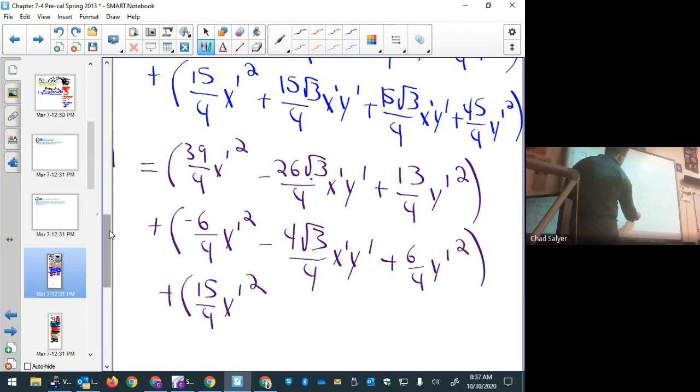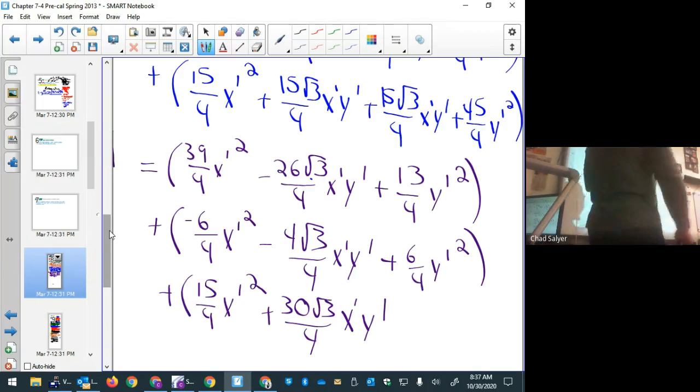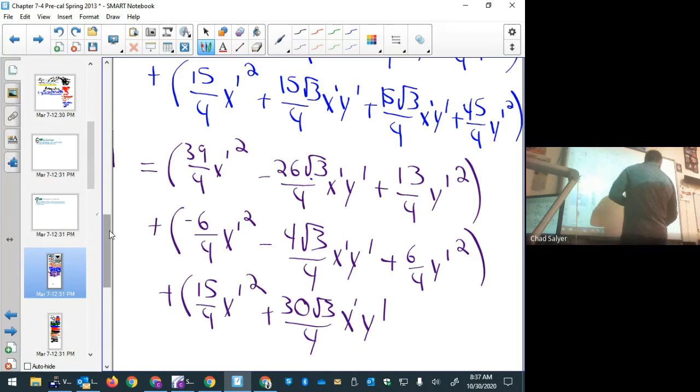And then combining these, I get plus 30 on the square root of 3 over 4 x prime y prime, and then plus 45 over 4 y prime squared.